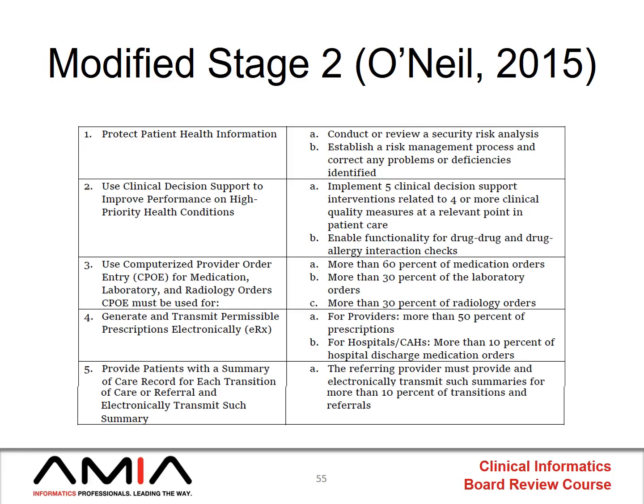I won't read through each and every measure, but we can see here that the categories include protecting patient health information, using clinical decision support and CPOE, electronic prescribing, and providing patients with summaries of care that can be transmitted electronically.